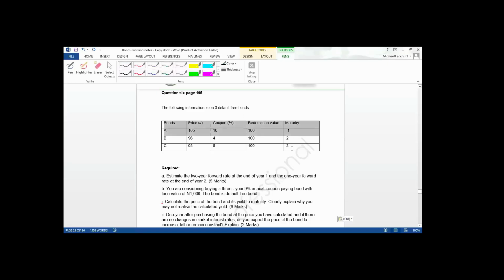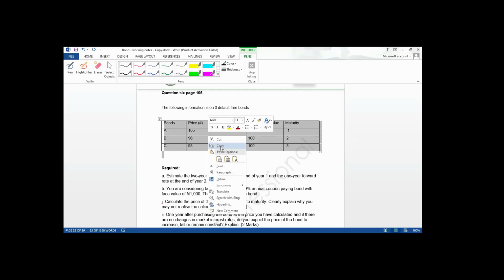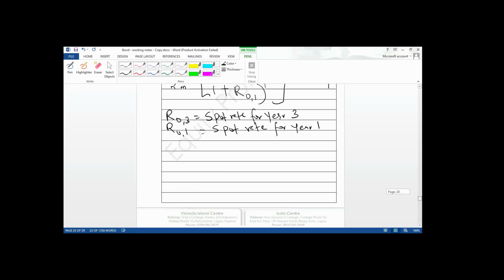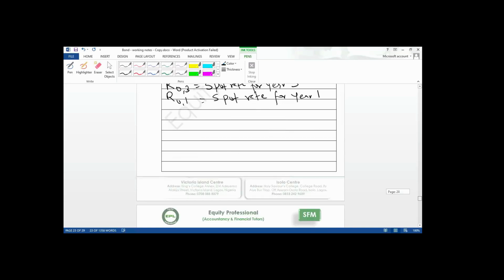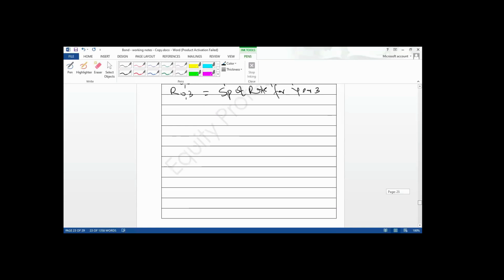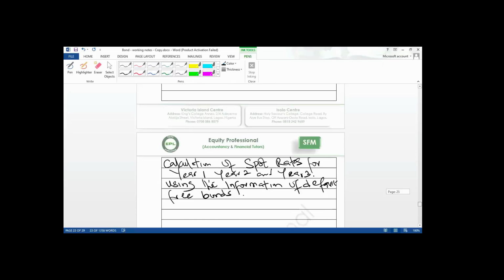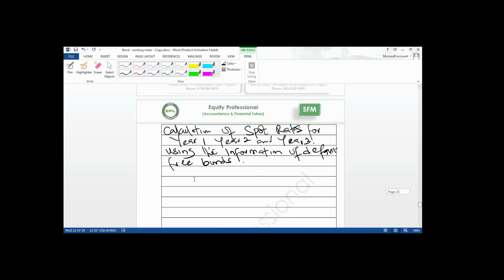To reduce the need to come to scroll up all the time. Let me copy this closer to my working. Let me paste this here.